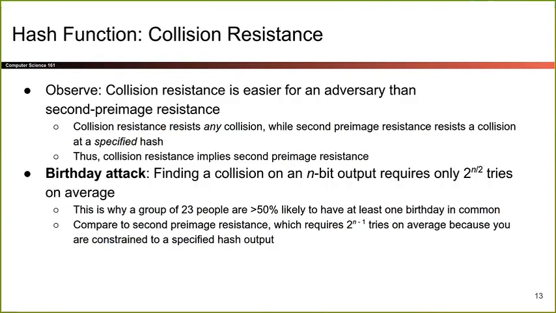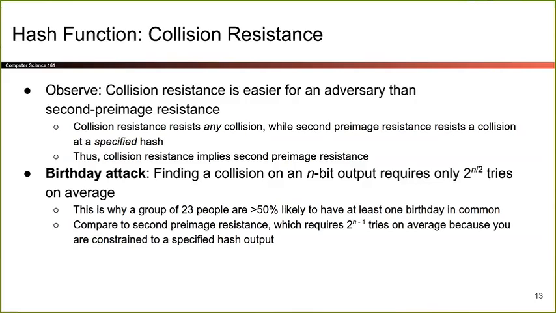Okay, so the observation here is that collision resistance is a little bit easier than second pre-image resistance. Collision resistance says, just find me anything that collides. But second pre-image resistance says, find me something that collides here. So here's the output, find me a collision right here. By definition, collision resistance implies second pre-image resistance.